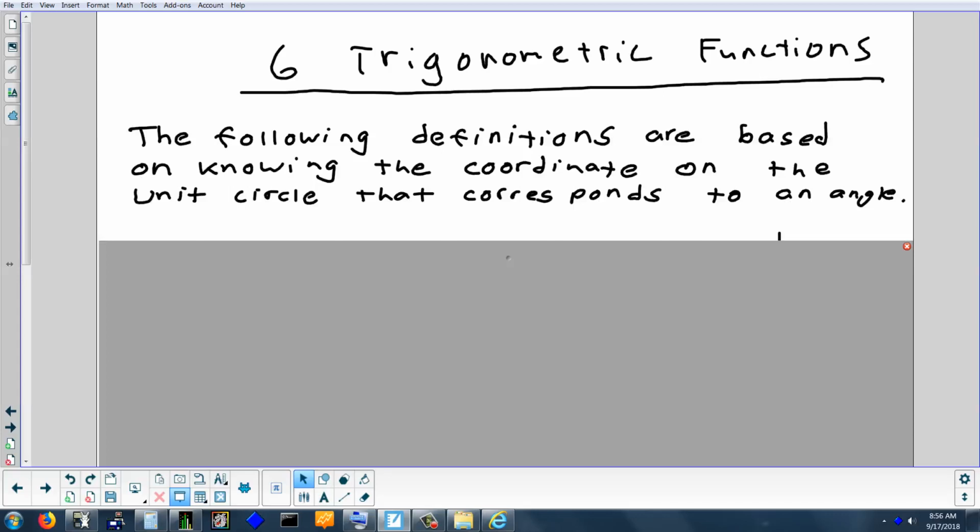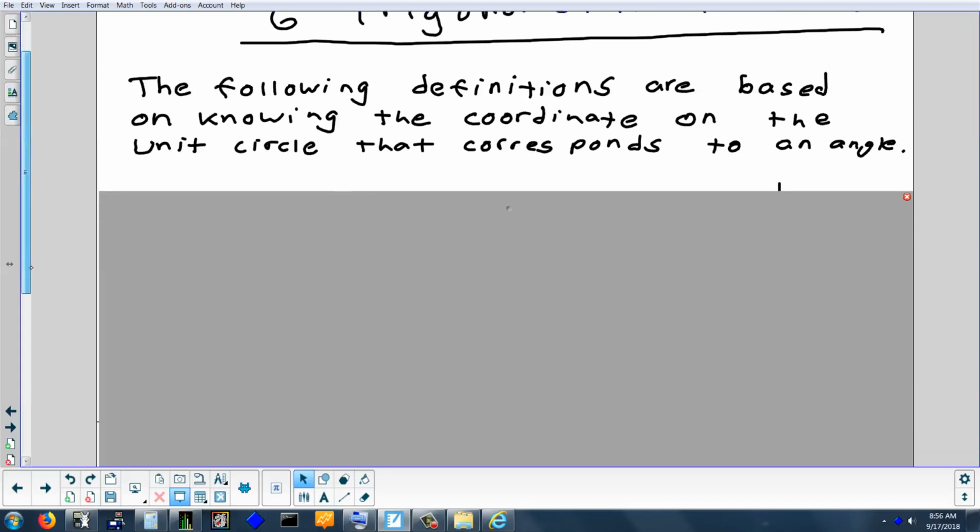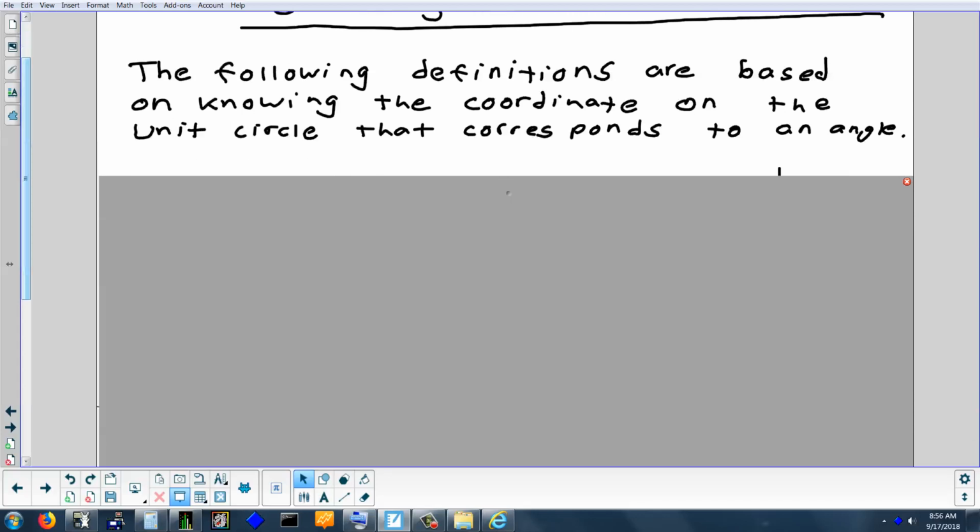You have to have a coordinate. And at first, it might be a little tricky to remember which one is cosine, which one is sine. But after you work with them, it's not too bad.